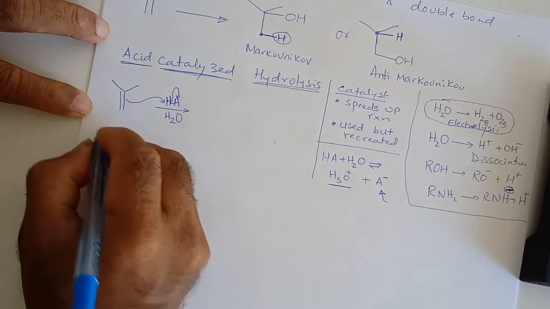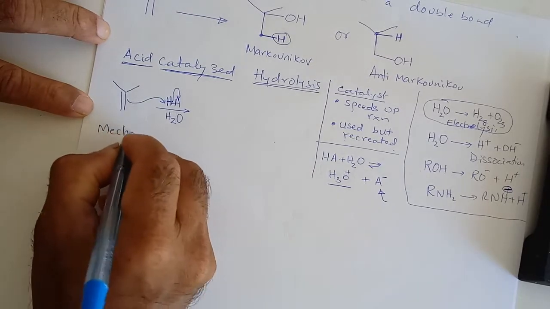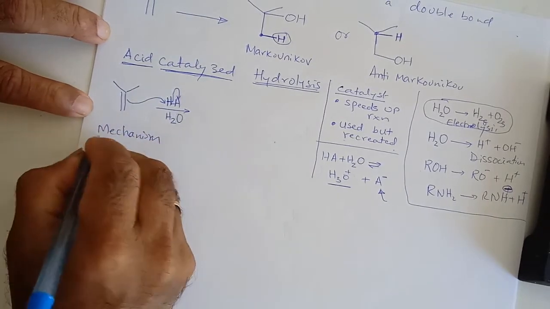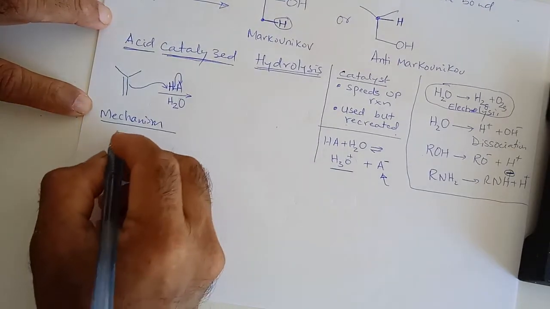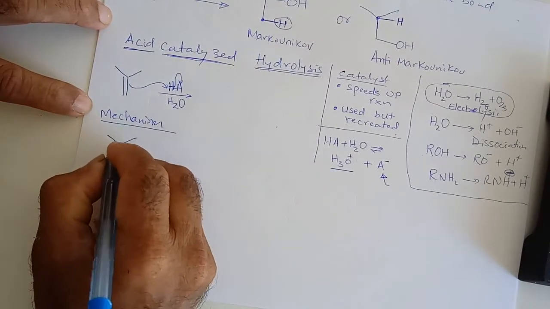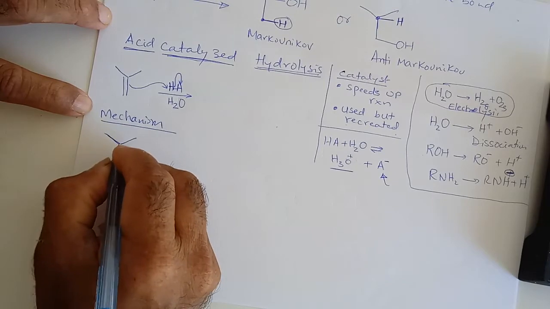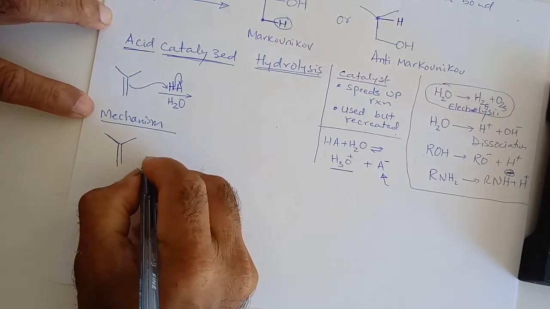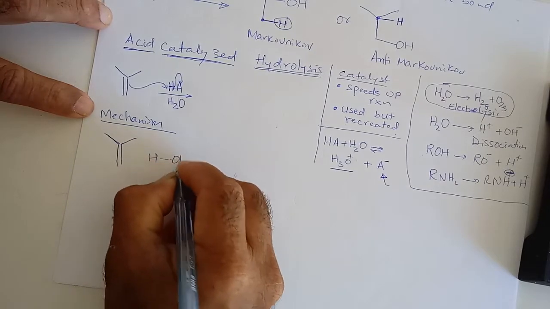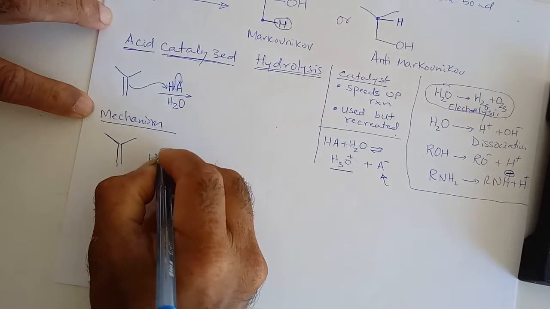So if you want to describe the mechanism, we have done this in hydrohalogenation. Now one problem of hydrohalogenation is it can have a competing product. We'll talk about that in a minute. So let's say I have H, OH2.